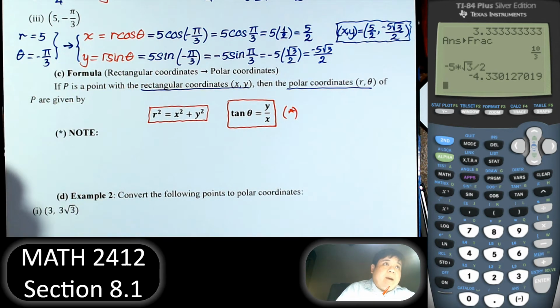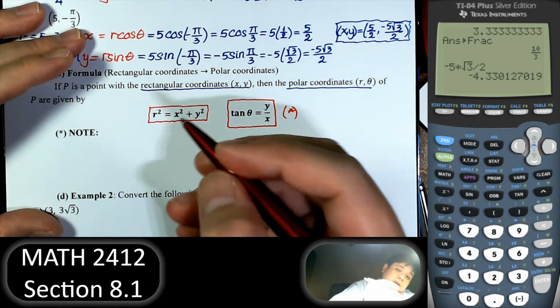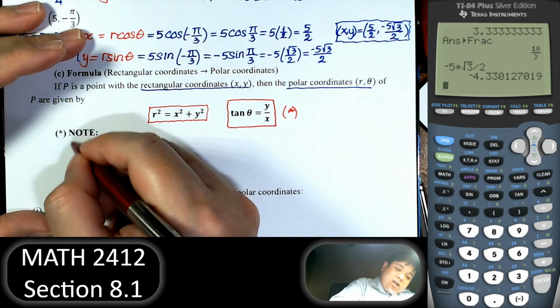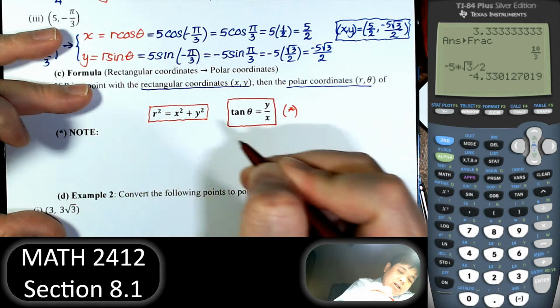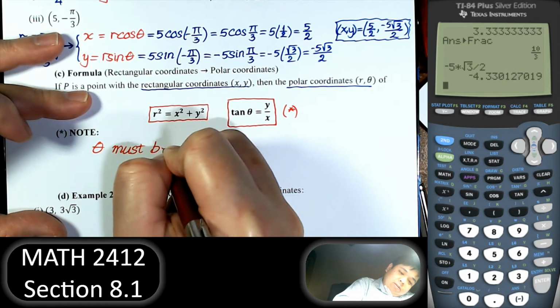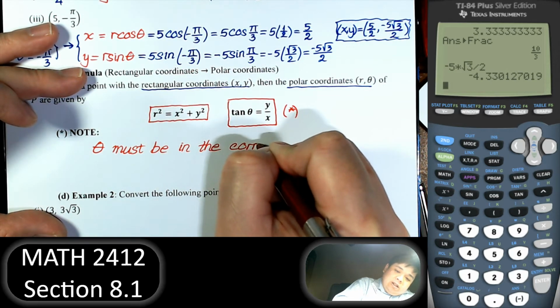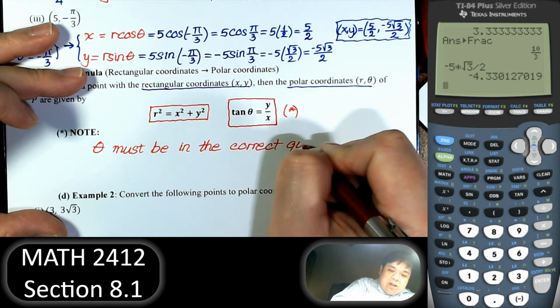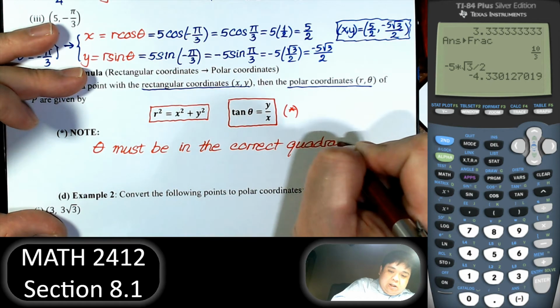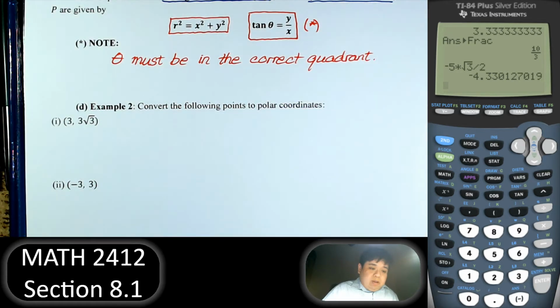So what happens if the point is in quadrant 2 or quadrant 3? Well, that would be a problem. What we just need to do is make sure that theta is in the correct quadrant. We'll see those in the example.